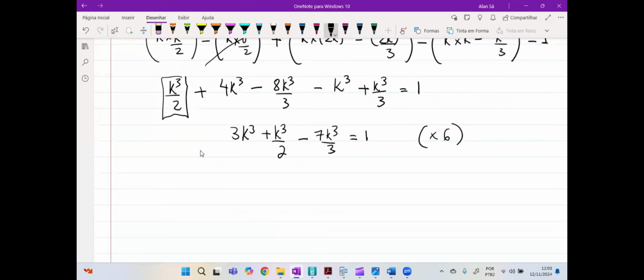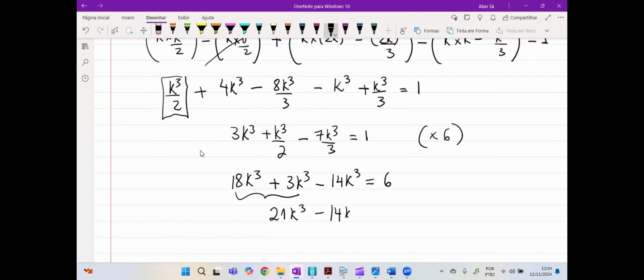Multiplying all the terms by 6, we get 18k cubed plus 3k cubed minus 14k cubed, equal to 6. 18 plus 3 is 21k cubed minus 14k cubed, equal to 6. Then finally, 7k cubed is equal to 6.